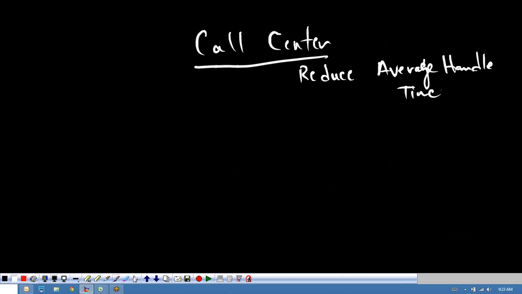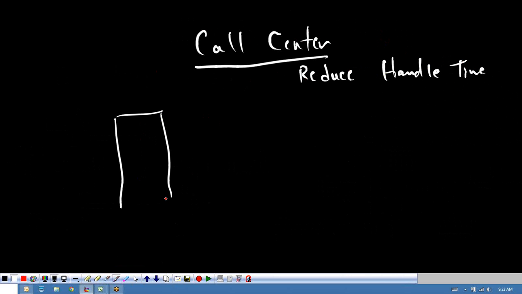I'm going to erase that "average." Let's just say reduce handle time. It's important to get it down. So let's draw our process box.